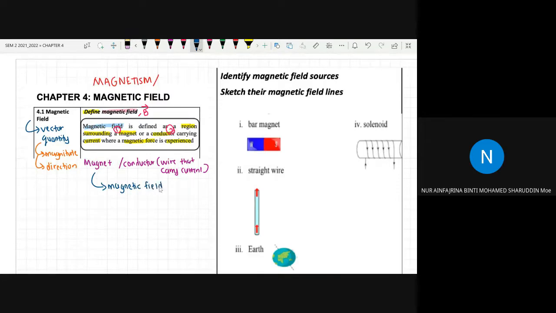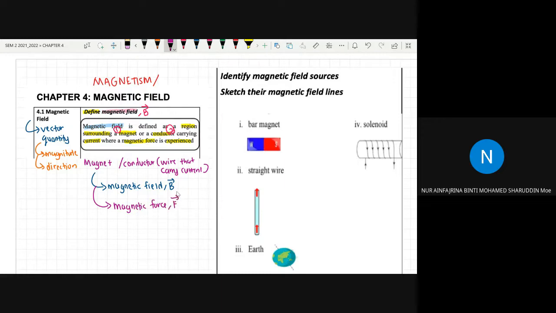Bila awak ada magnetic field, maksudnya awak juga akan ada magnetic force.